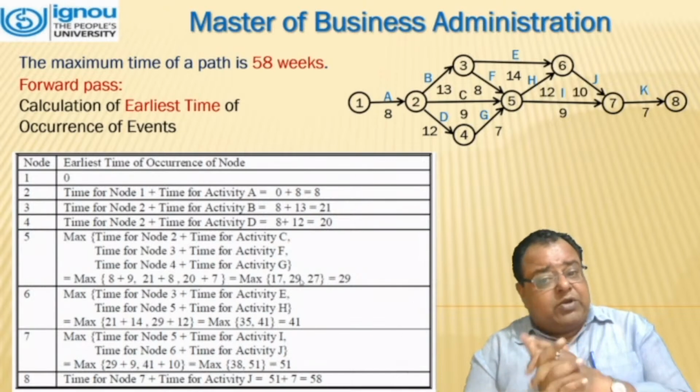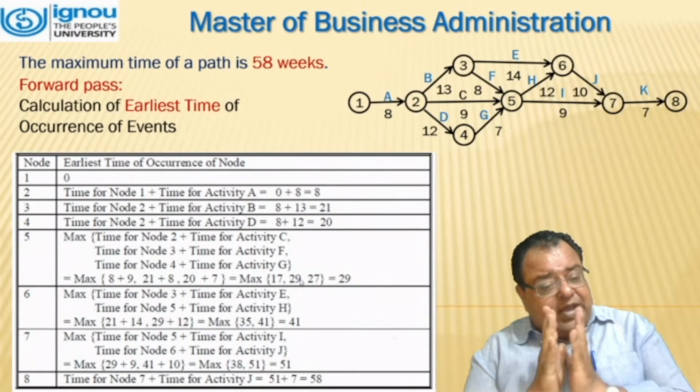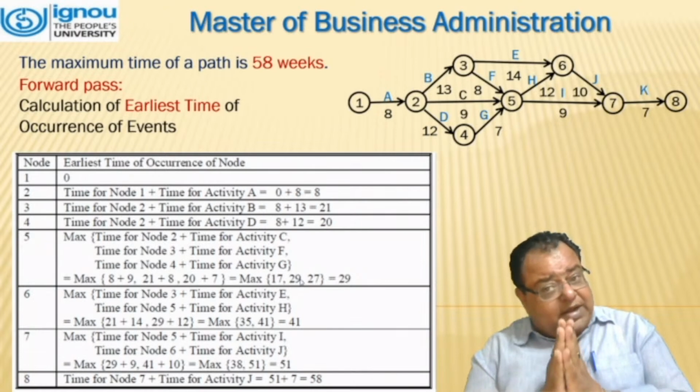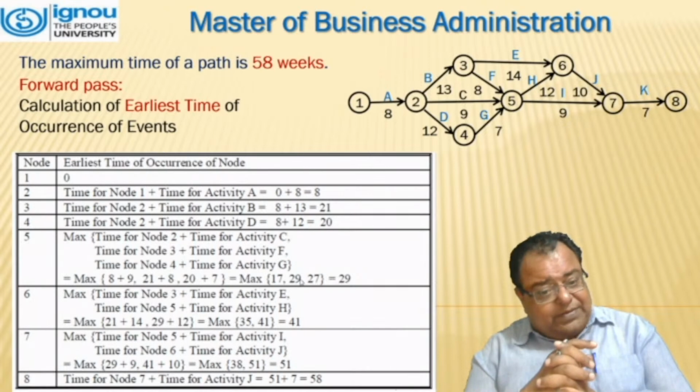That is 3 to 5, 2 to 5, and 4 to 5. So we have to calculate the time individually. That is 8 plus 9, 21 plus 8, and 20 plus 7. We have to take maximum. That means on node 5, it is almost 29 weeks.